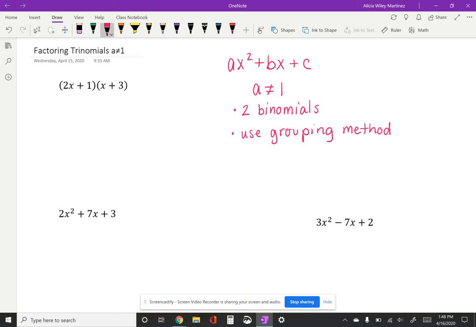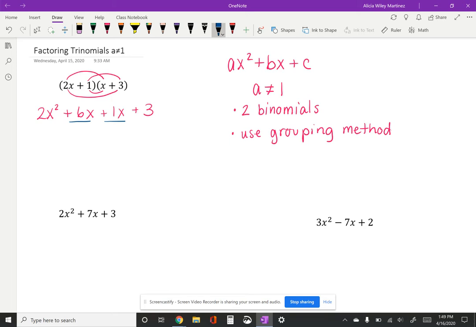When we multiply two binomials together, we start with the first terms, giving us 2x squared, and then multiplying the 2x to the 3, that gives me the 6x. Multiplying the 1 times the x gives me 1x. We also need to multiply the 1 to the 3, that gives me the 3. The next thing that we do is we combine like terms.